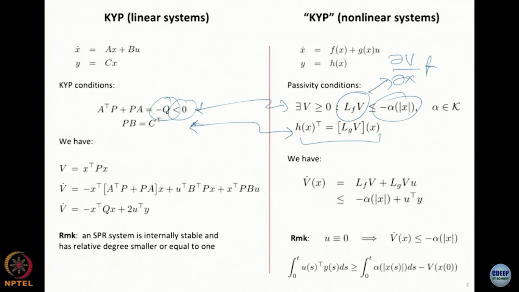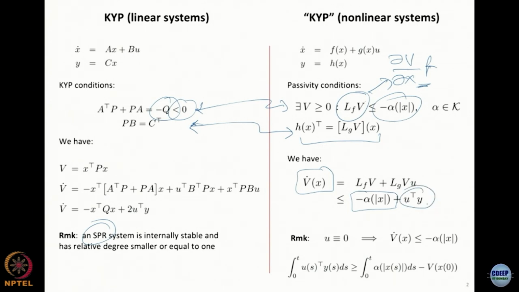So we are asking for strict positive realness in the linear systems. It comes to asking this negative definiteness of V dot in the direction of f, okay? So basically we are asking the system to be state strictly passive. You see, we have V dot less or equal than minus alpha plus u y.